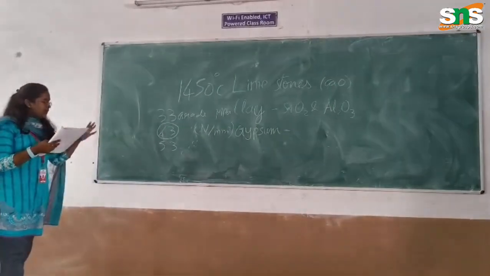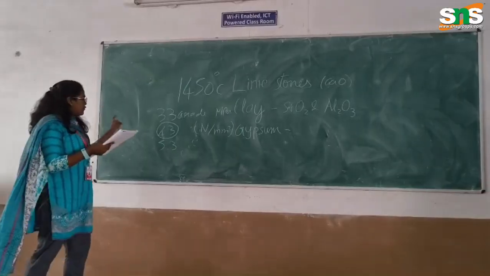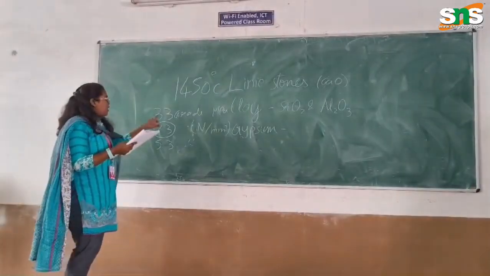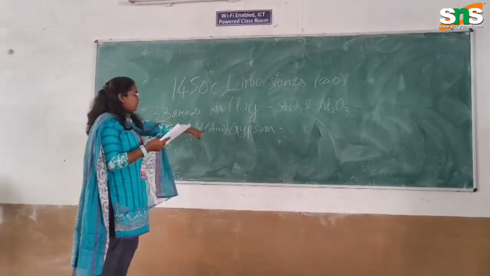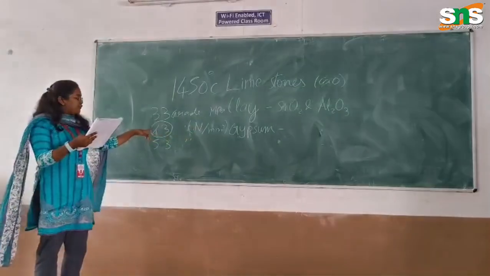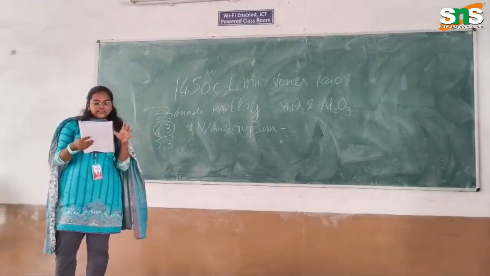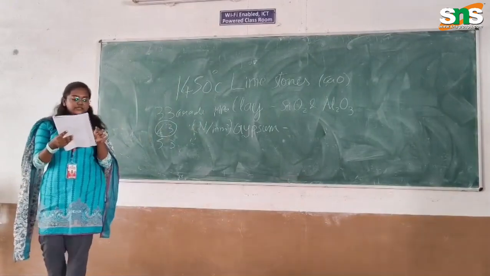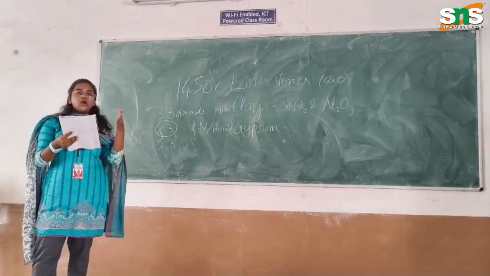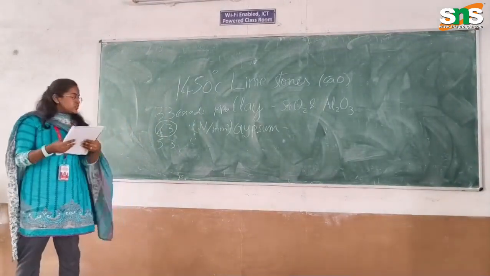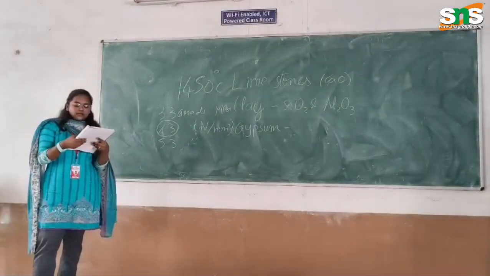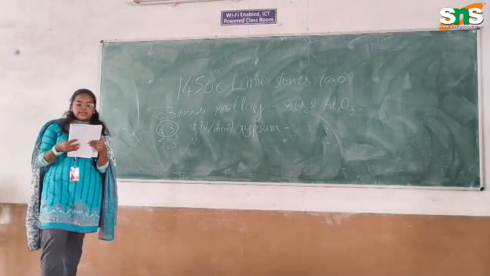For example, 43 grade cement can withstand a pressure of 43 Newton per millimeter square after 28 days. This 28 days is the duration given for cement to harden and become stronger. So the higher the grade, the stronger the cement.